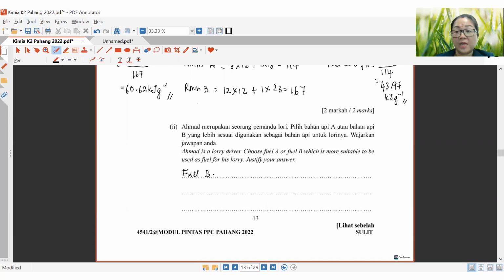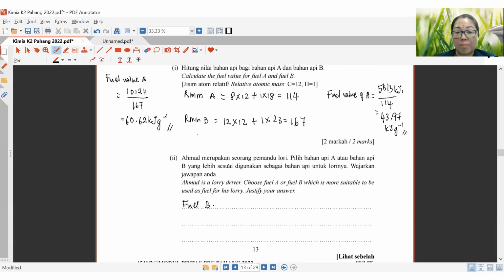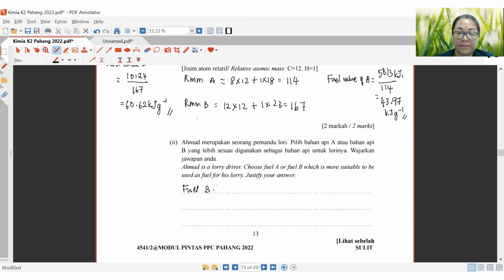Because the value of the heat is much higher compared to A. Okay, so the fuel value of B is higher than A. Just simple as that.